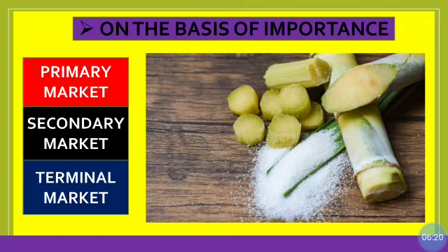Here sugarcane is a product of the primary sector, it comes from the agricultural sector, whereas processing on that sugarcane is done in industry. So it is related to secondary market. So such semi-processed or semi-manufactured goods are available in secondary market.